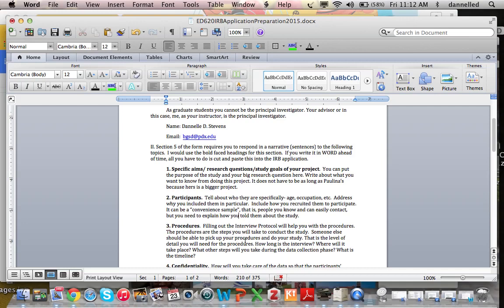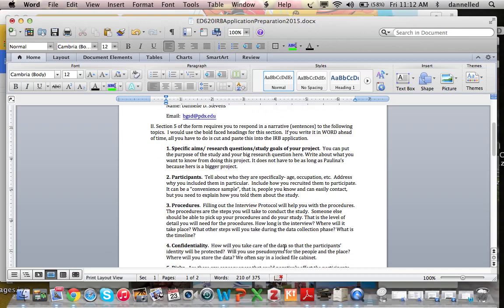Then the next section will be on procedures, and filling out the interview protocol assignment will help you with the procedures. The procedures are like the recipe. The procedures are the steps you will take to conduct the study. Someone else should be able to pick up your procedures and do your study. That is the level of detail that you will need. So you're going to say, how long is the interview? What is the protocol? What will you say to the participants?